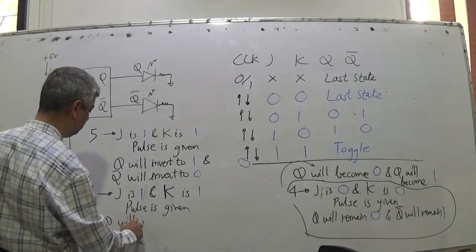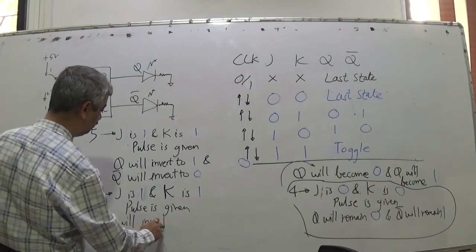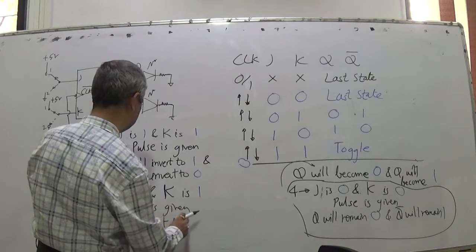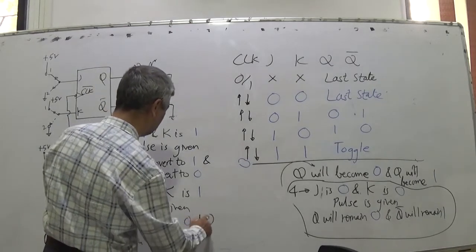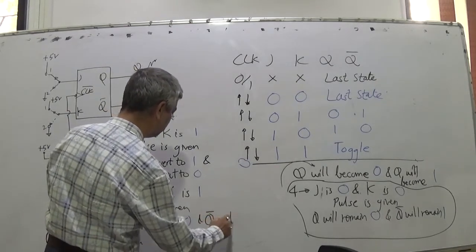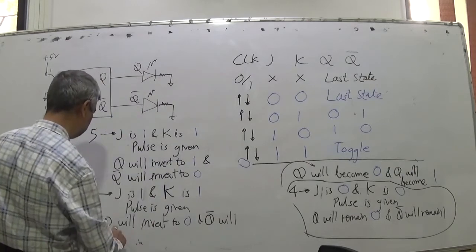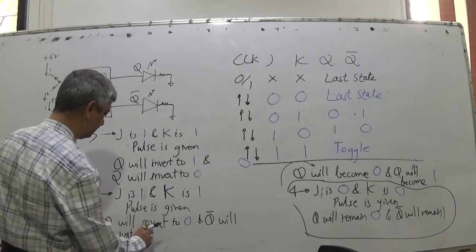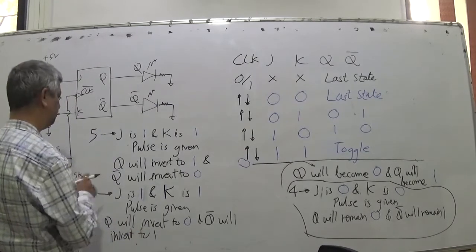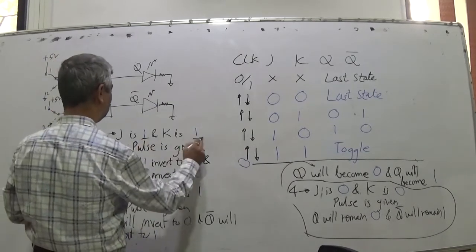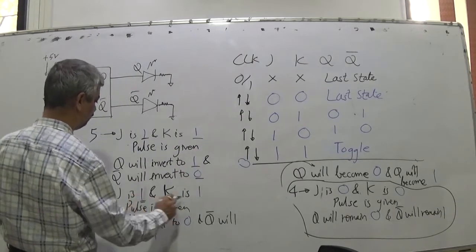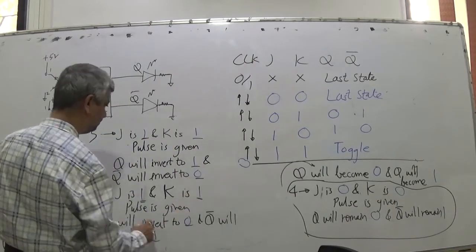Q will invert again to 0 and Q bar will invert to 1. So here inputs 1 1 were there, outputs 1 0. Here inputs 1 1, output 0 1.